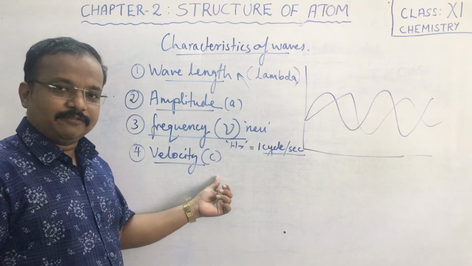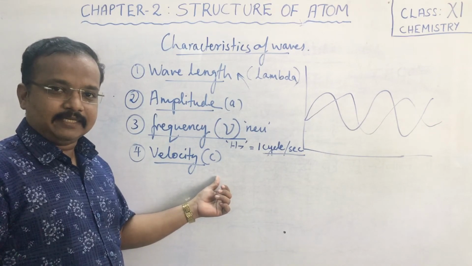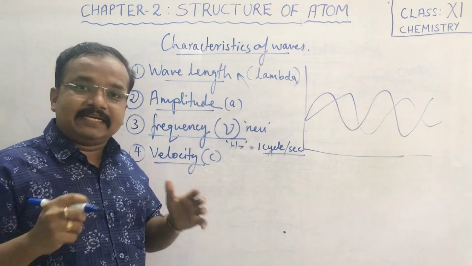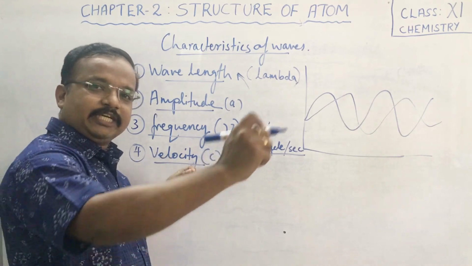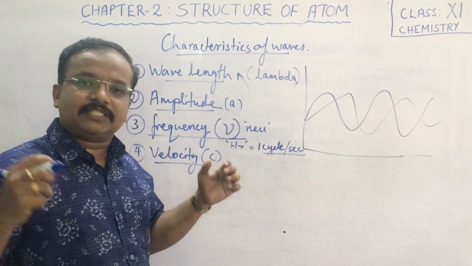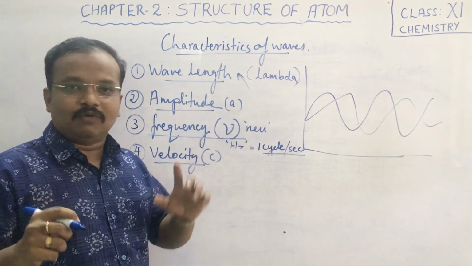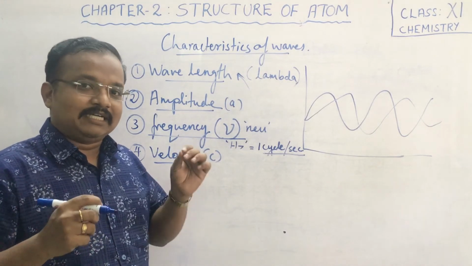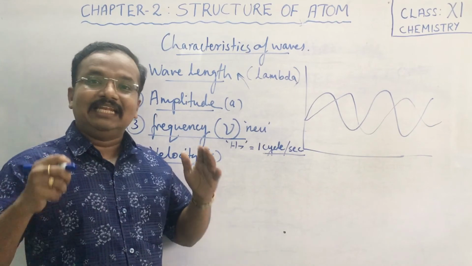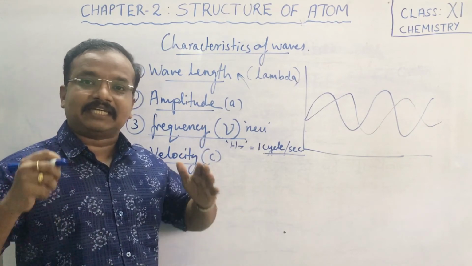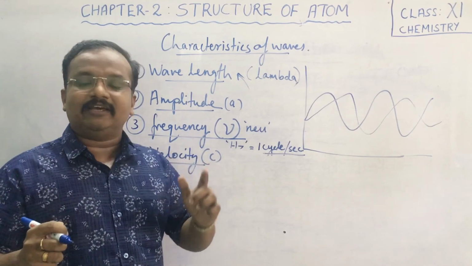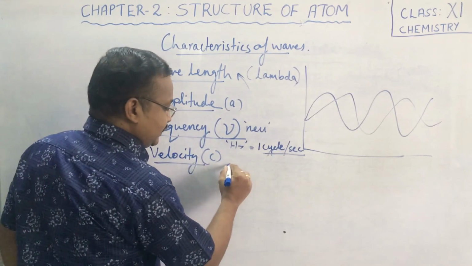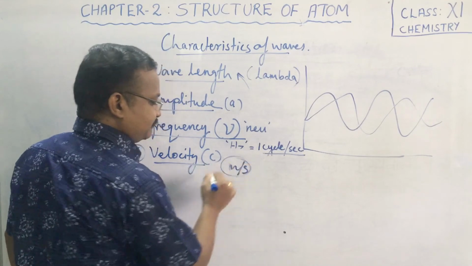Velocity of a wave means the linear distance, a straight line, traveled by a wave in 1 second. That is called velocity. Its unit is meter per second.